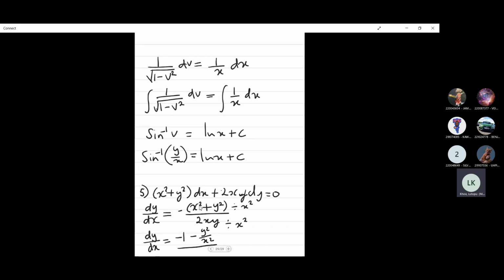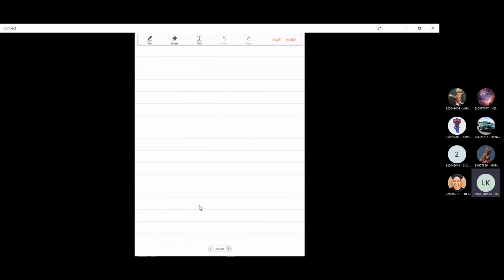I just need to write this on the next page. This will be 2y over x. So you can see this will become v squared, and this one will be my v.